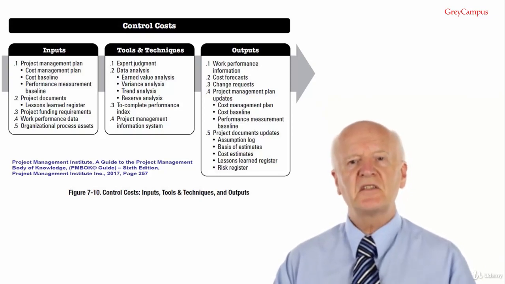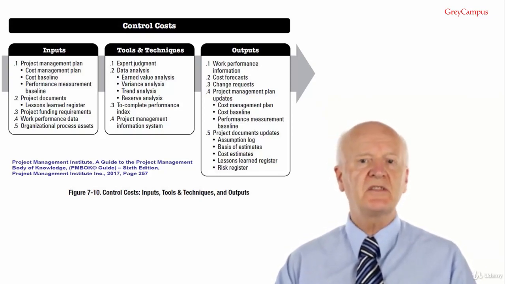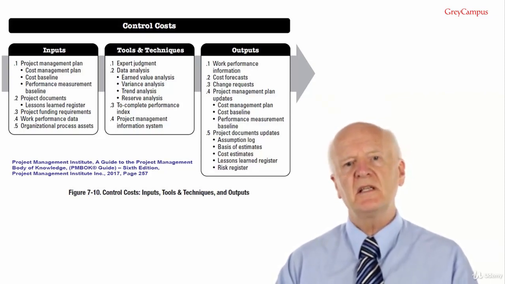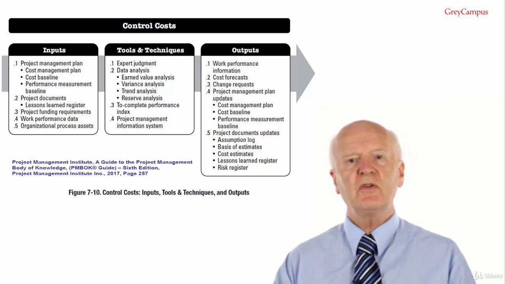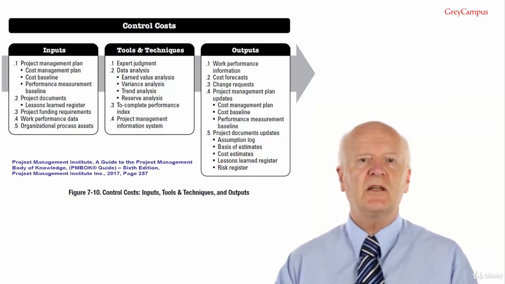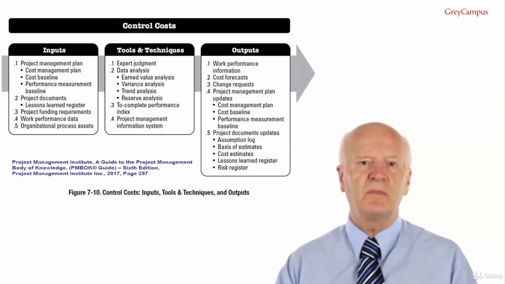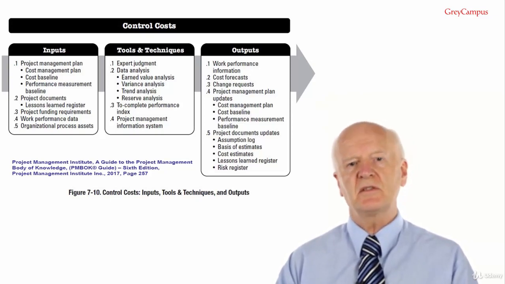The next data analysis technique is variance analysis. The PMBOK guide says variance analysis as used in EVM is the explanation, cause, impact and corrective actions for cost, schedule and variances at completion: CV equals EV minus AC, SV equals EV minus PV, and VAC equals BAC minus EAC.